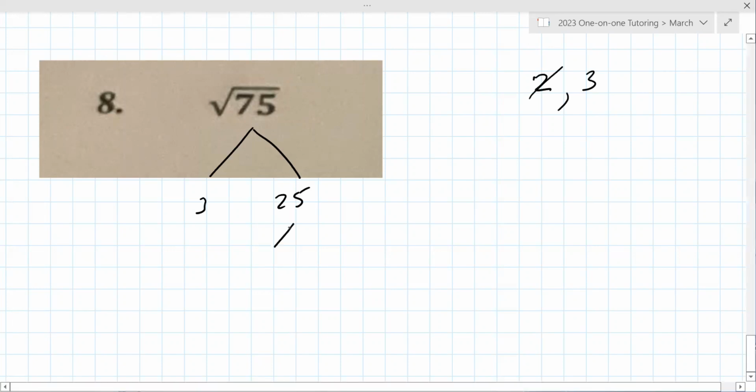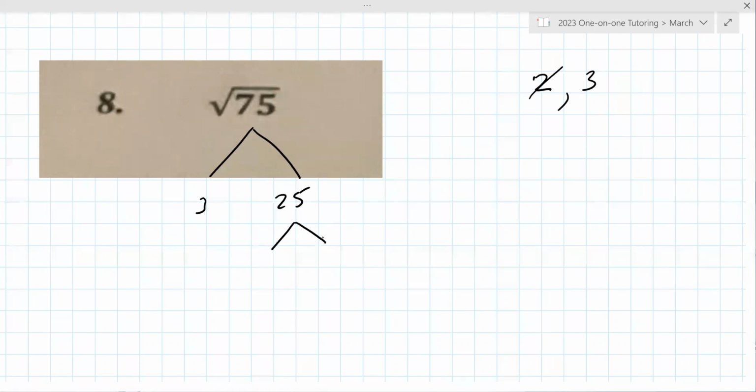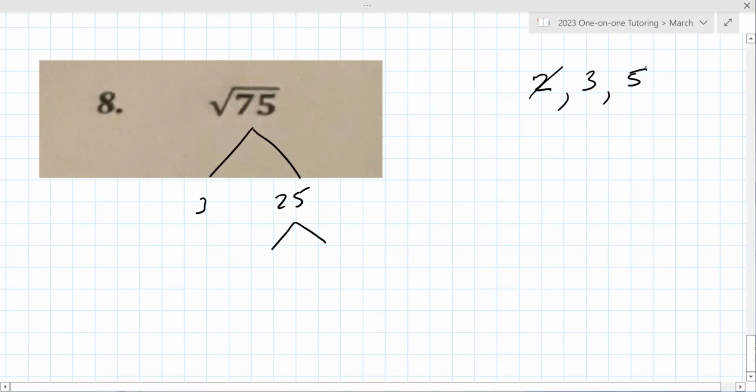It does work. And then you try it again, but this time 3 does not work. 4 doesn't work. So you actually go to 5. You want to try prime numbers, not even numbers, because it's only the primes that work in this.